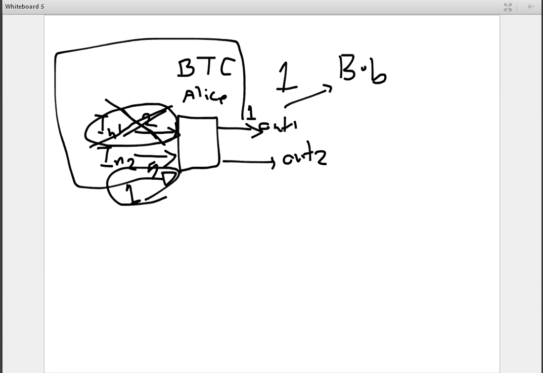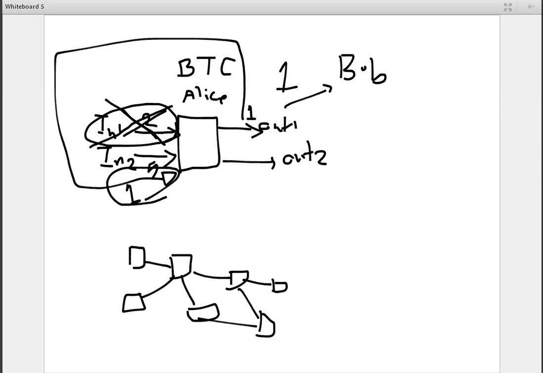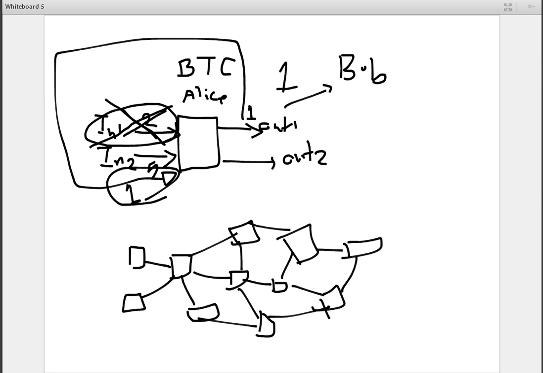The network of cryptocurrencies like Bitcoin and Ethereum is a peer-to-peer network, something like this. These are the nodes, persons who are connected together to send and receive cryptocurrencies. Suppose that something like this is the network of Bitcoin.